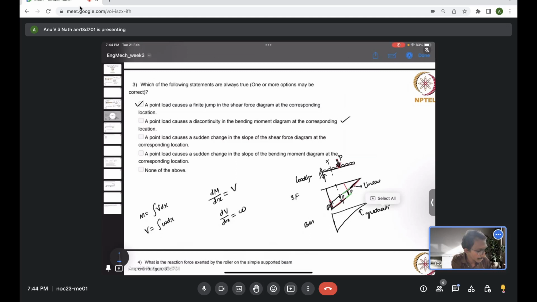Let's say until this particular location you have evaluated the area of the shear force diagram, which gives the corresponding moment until this location. And now the point load P is acting, and your shear force diagram has changed as I have drawn here.